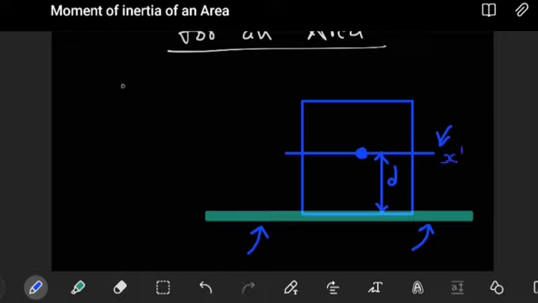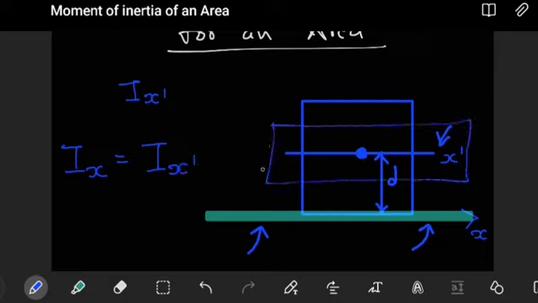So if we know the moment of inertia about the x prime axis, the parallel axis theorem tells us that the moment of inertia about this new axis, if we label this as the x-axis, will be equal to the moment of inertia about the x prime axis, which is the centroidal axis, added to the product of the area of the whole thing, since we're looking for the moment of inertia of an area.